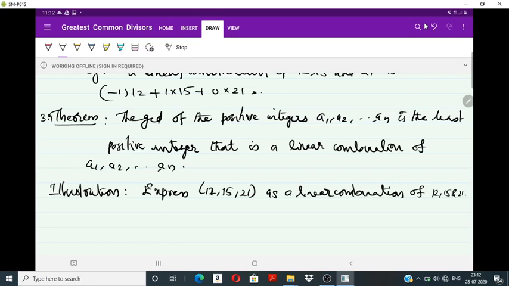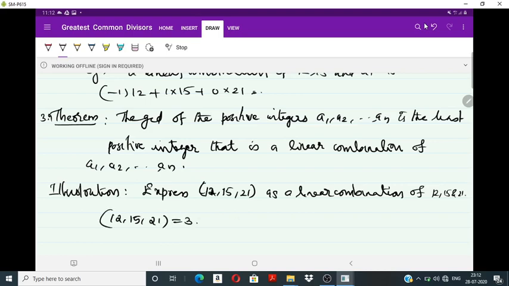Okay, so among this, we know 12 is the simplest one, and among the factors of 12, 3 is the largest common factor among them. So GCD of 12, 15, 21 is equal to 3.